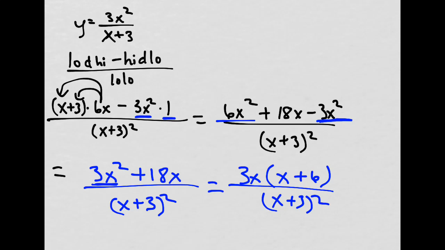So what happens sometimes when we do the chain rule is, when I factor that out, this would say x plus 3, and then I could cancel this out and one of these out, so it would be 3x over x plus 3. Sometimes that's why you need to do it, to see what will cancel out.